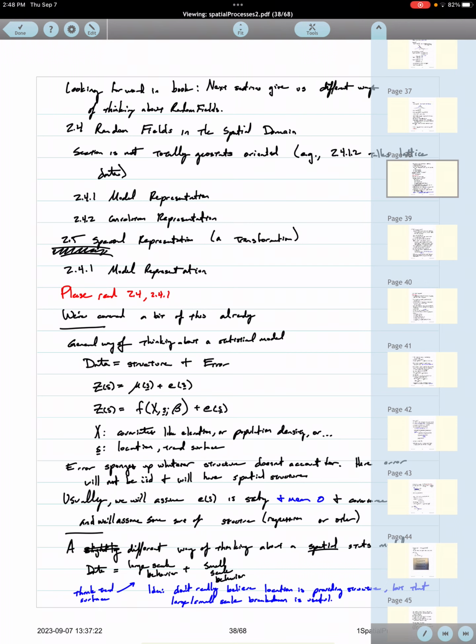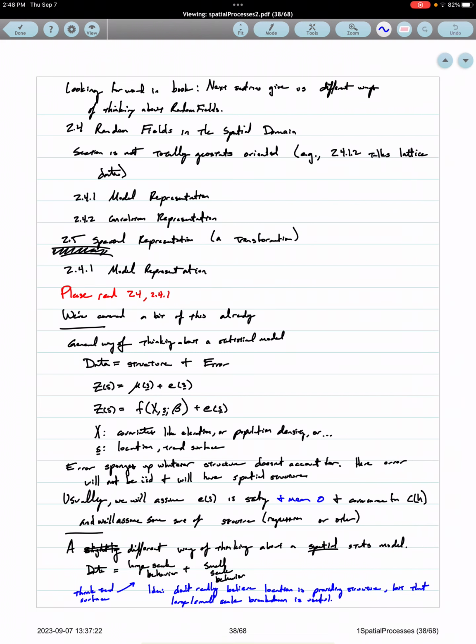We're in the process of talking about different ways of viewing a random field. And the first way we talked about it was through a model representation. This is pretty familiar from other statistics classes. We're going to think of our data arising from structure plus error.